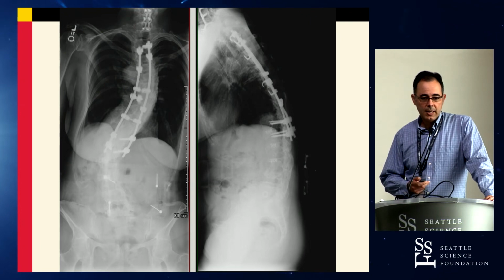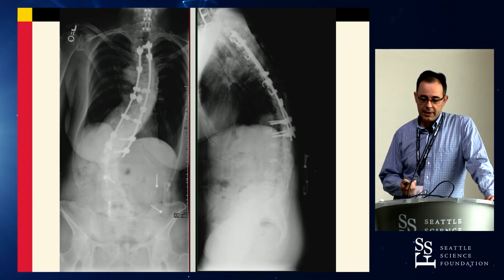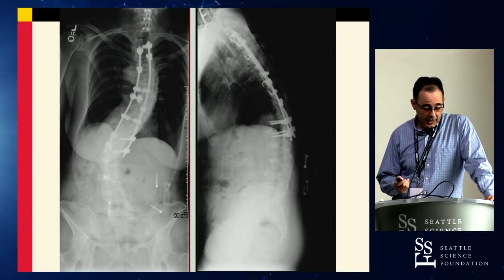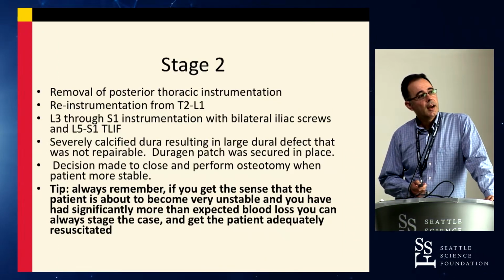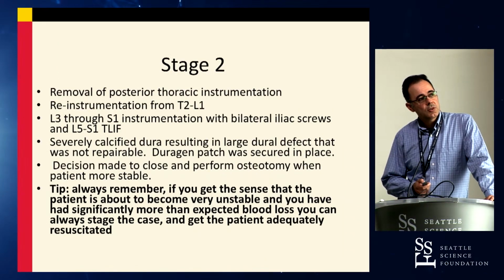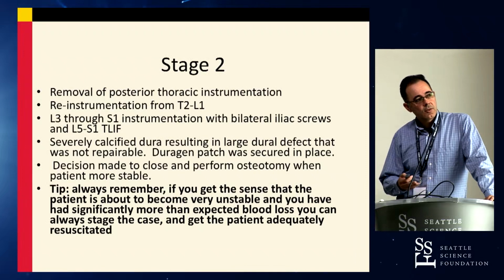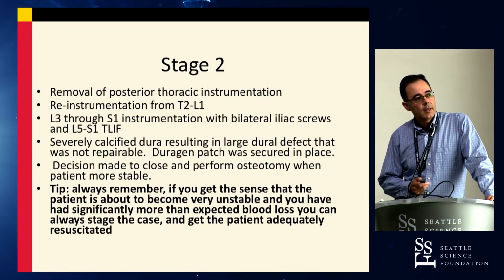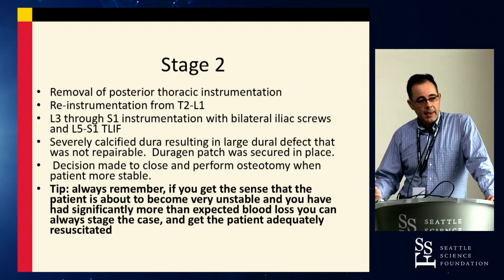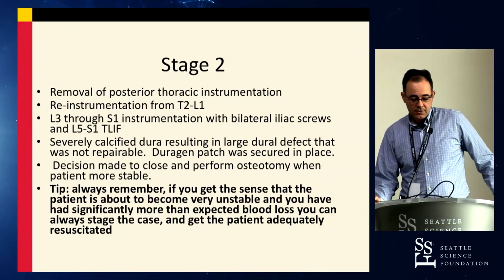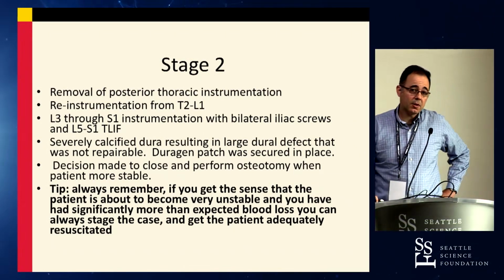This patient ended up needing about 40 degrees of correction when you made all the calculations, and so this patient underwent the second stage of her operation. During the operation, there was a massive durotomy, and a Duragen patch was placed. The patient had severe blood loss.